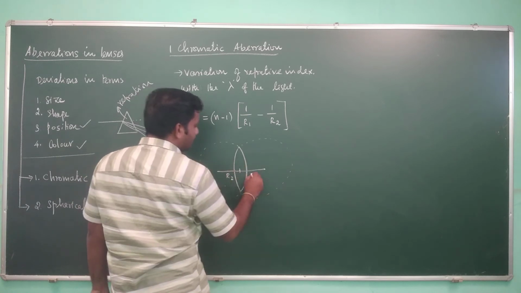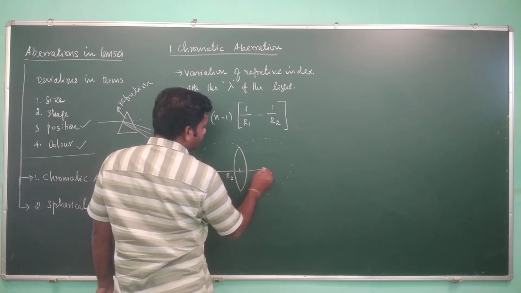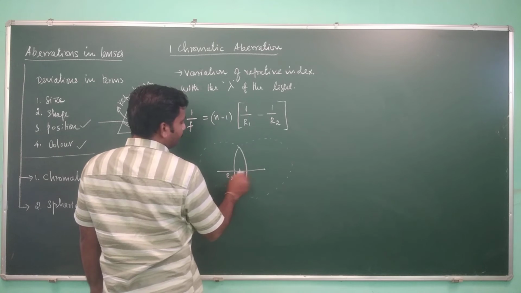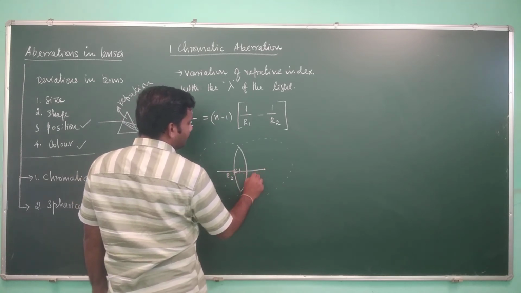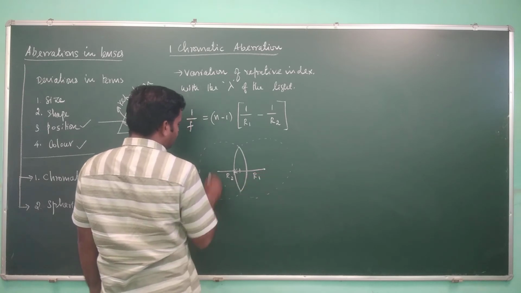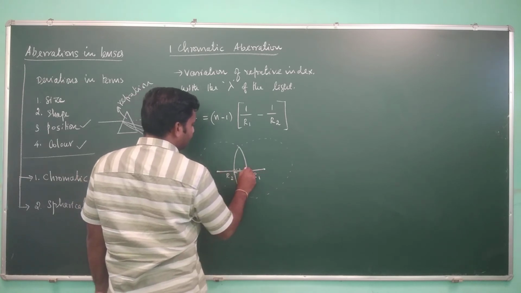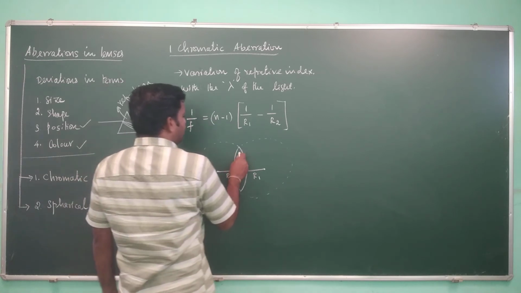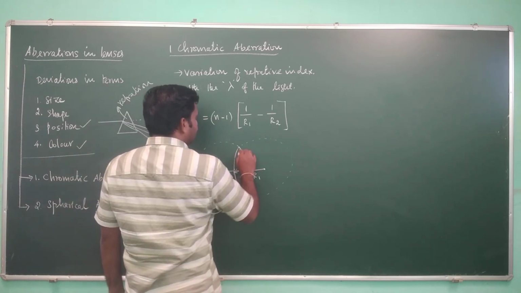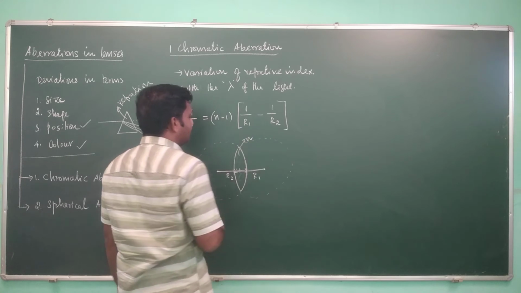For this curvature, from here up to this point, this is r1. For this surface, from this point to here, this is r2. And this is a glass material. It has a particular refractive index n.